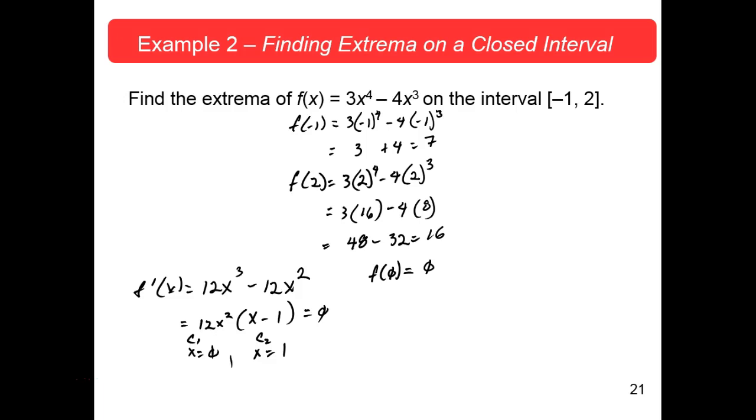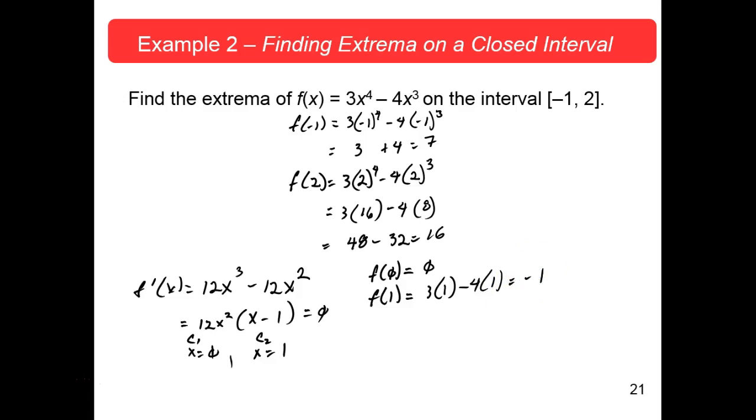I think you were doing the other one. F at 1, on the other hand, would be 3 times 1 minus 4 times 1, which would be negative 1.